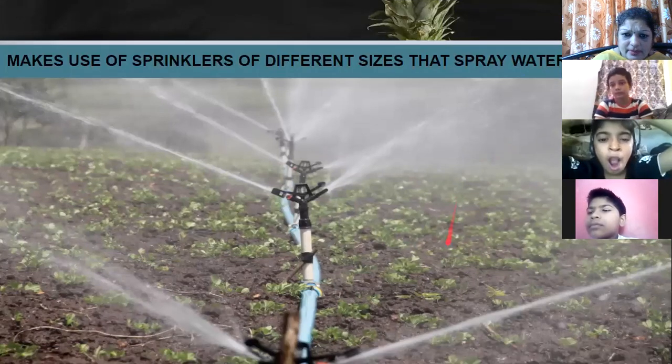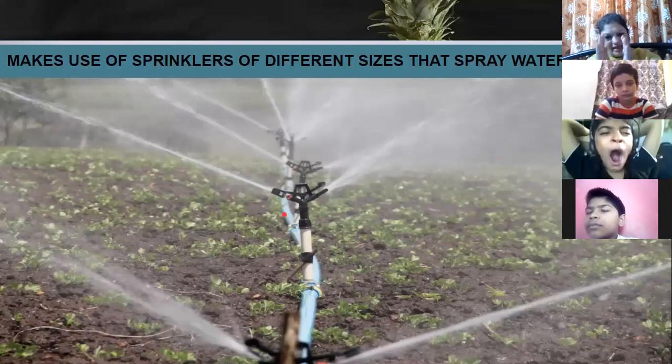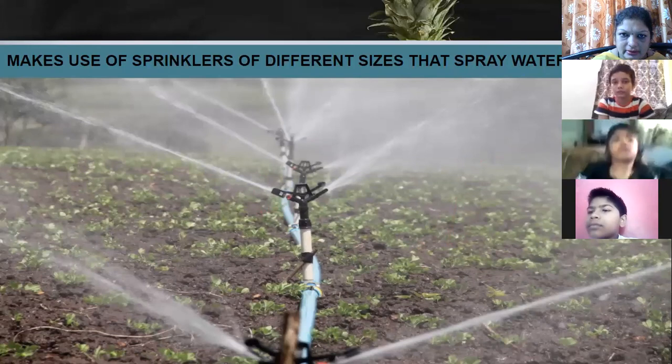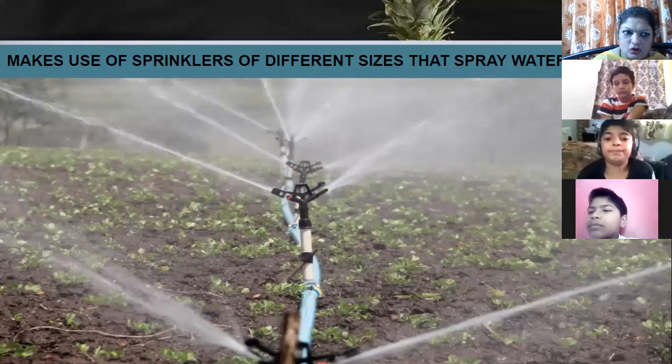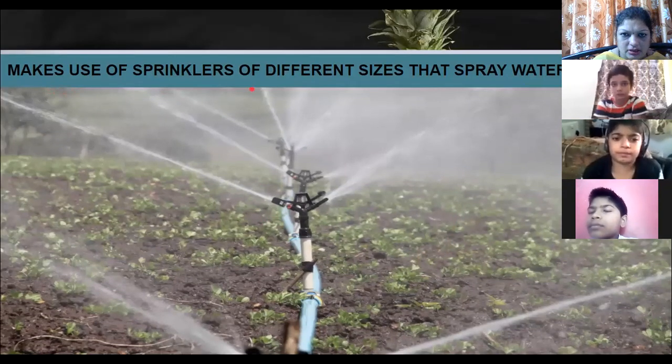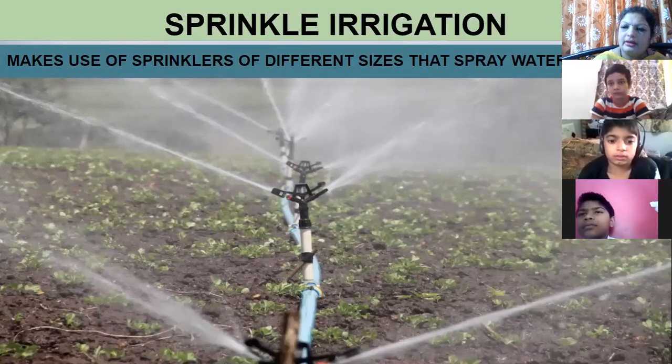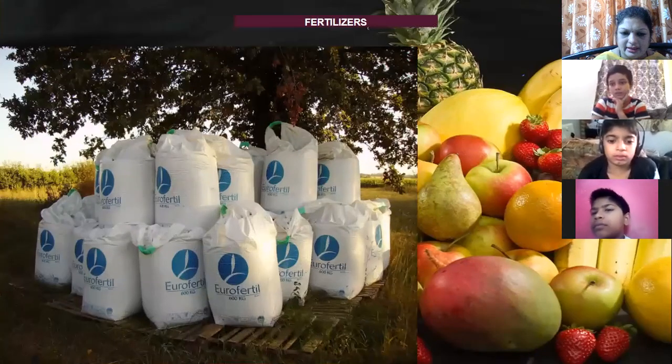These sprinklers are of small size and even of big size. There is a variety. So it makes use of sprinklers of different sizes that spray water directly. So this is the sprinkler irrigation method. Remember these two modern techniques.